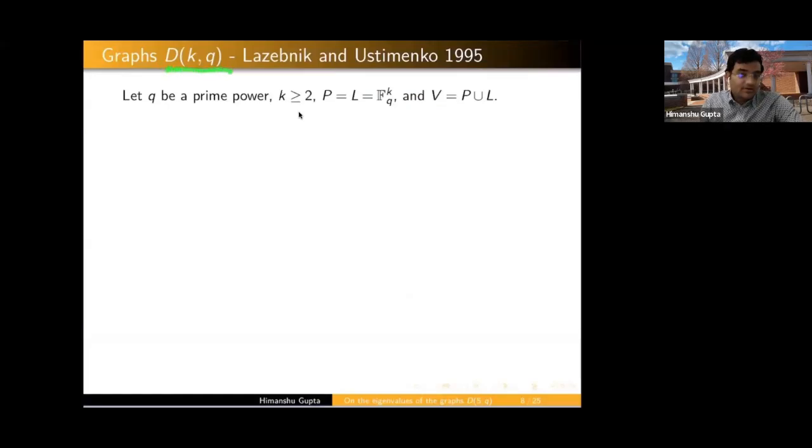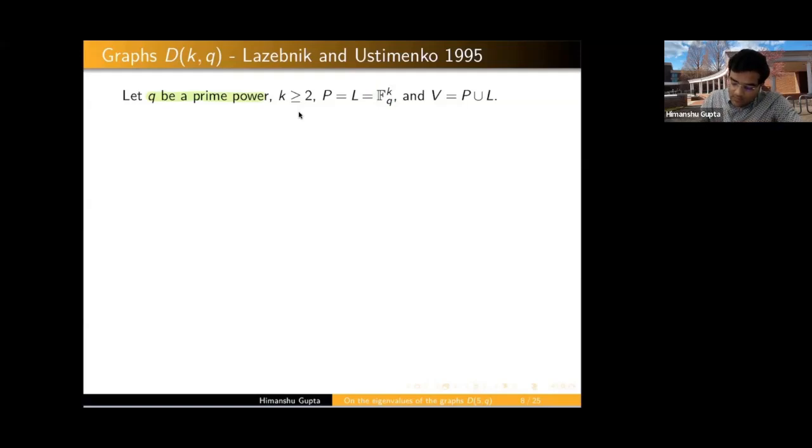It is denoted by D(k,q). It was introduced by Lazebnik and Ustimenko in 1995. We start with q being a prime power, and let k be some integer greater than or equal to 2. We construct two copies of F_q^k, tuples of length k, such that each entry comes from F_q.